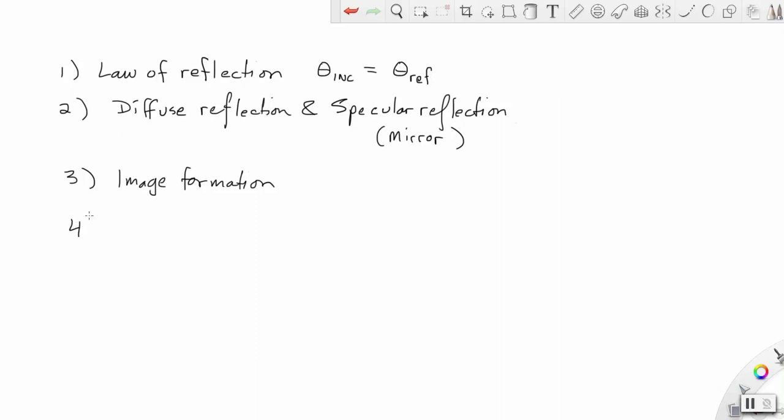And finally, all of this is tied together under the ray model of light.